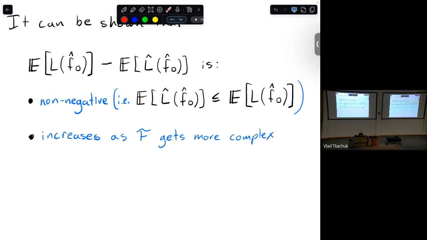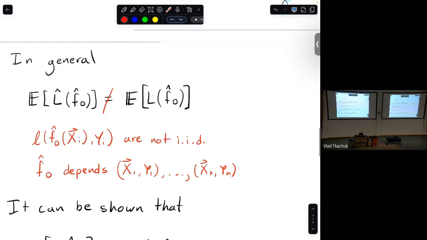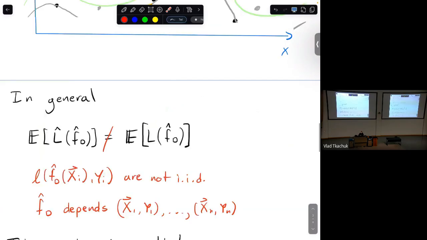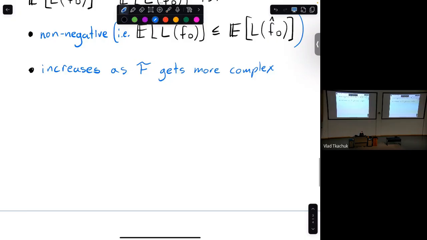But unfortunately, the difference, which is the error to the real risk that we care about, actually grows with the function class. And that should intuitively make sense. The more complicated the function class, the better you're going to fit the data. But compared to new data, your measurement of it is going to be quite off. Okay. That's the first property.